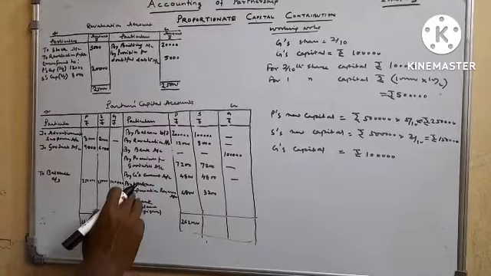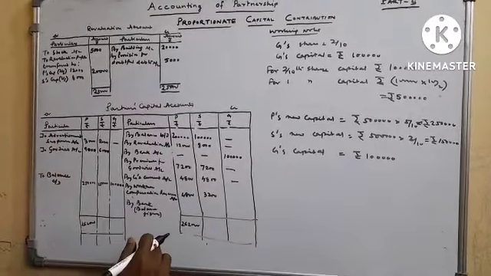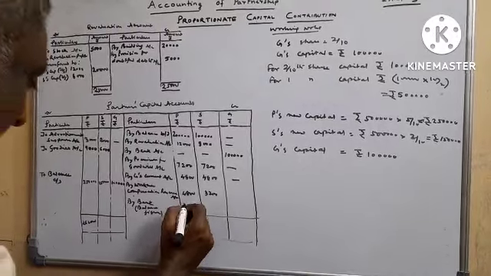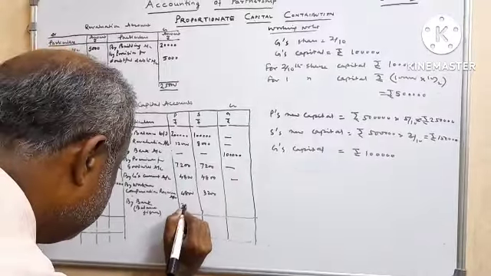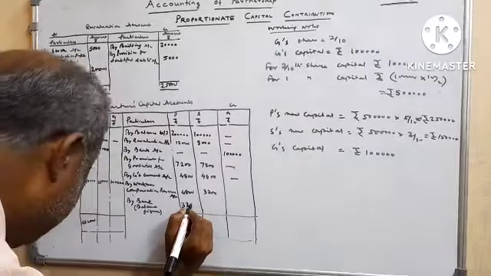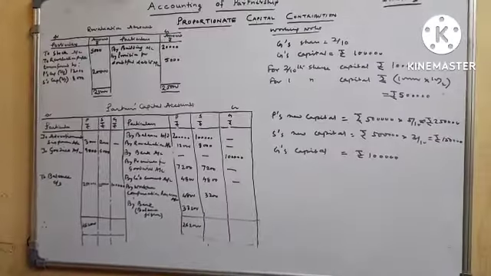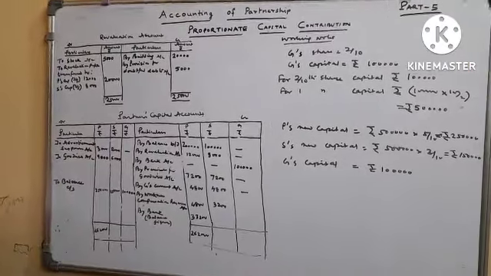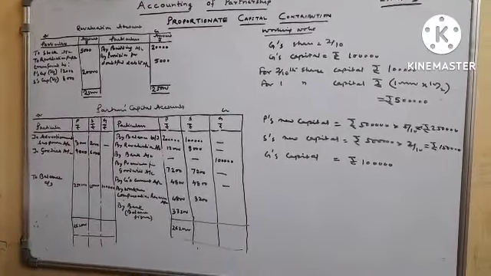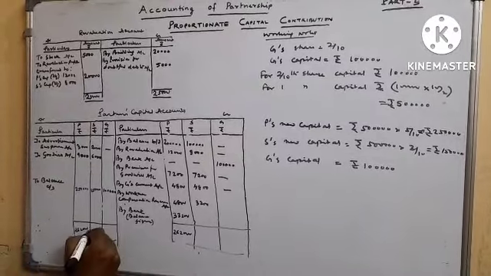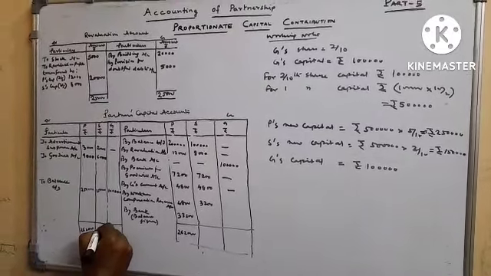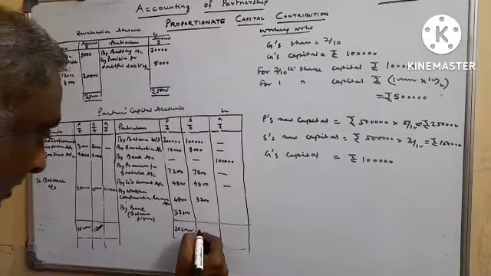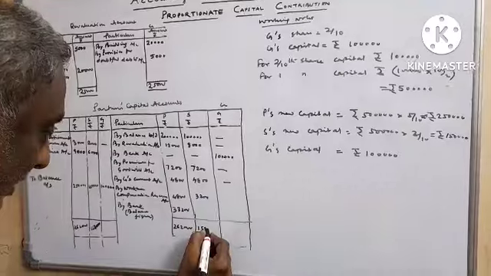Now in this question, P invested fresh capital how much? Fresh capital 33,200. Now for S, total credit side becoming 1 lakh 58,000. Here also 1 lakh 58,000.